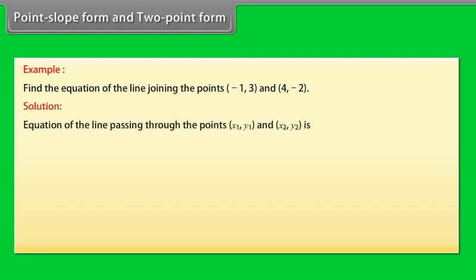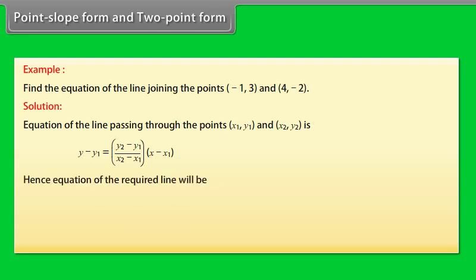Equation of the line passing through the points (x1, y1) and (x2, y2) is y minus y1 is equal to y2 minus y1 by x2 minus x1 into x minus x1. Hence, the equation of the required line will be x plus y minus 2 is equal to 0.